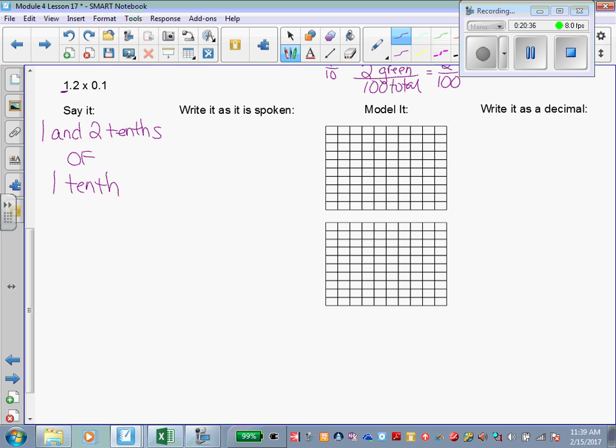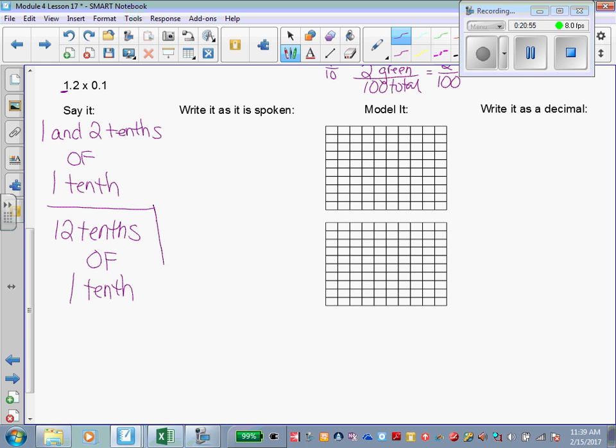Amaya, what do you think? Yes, very good. Okay, so another way of saying that is 12 tenths of 1 tenth. 12 tenths of 1 tenth.